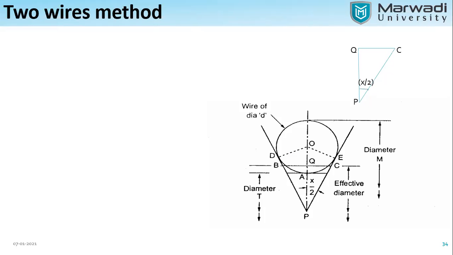Now see the point, it is very simple. We know the distance from O to A. So what is the distance OA?